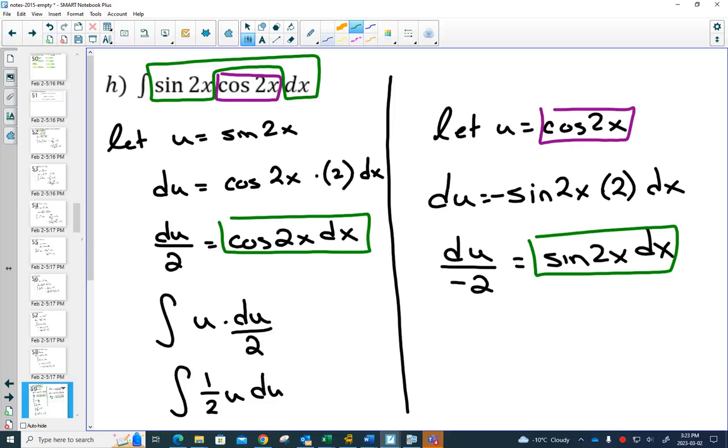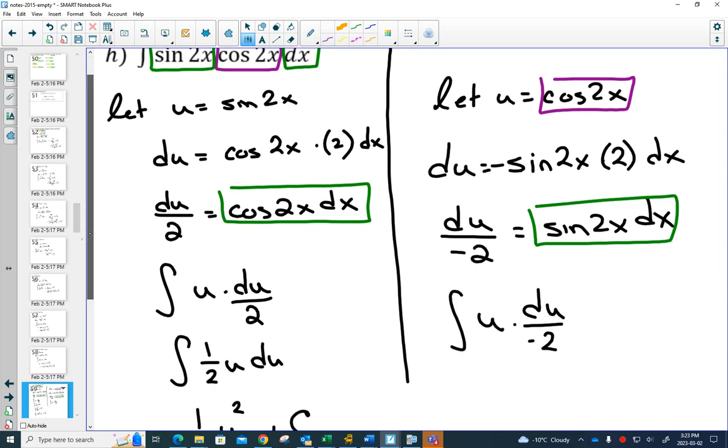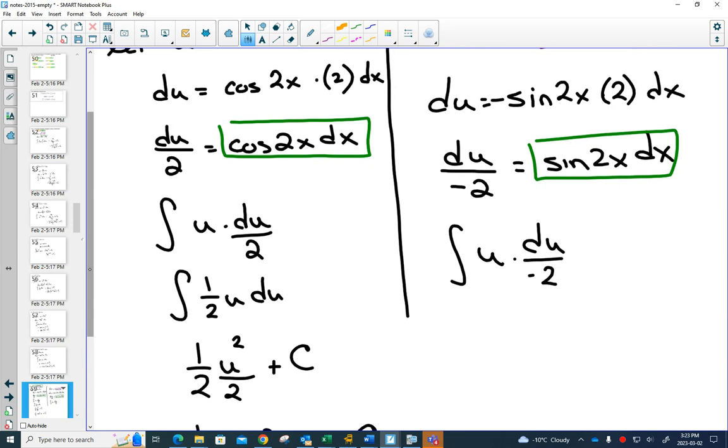So if I did this substitution, I would get the integral of u times du over negative 2, which is the same as a negative 1/2 u du. Integrating this, we would get negative 1/2 u squared over 2 plus c.